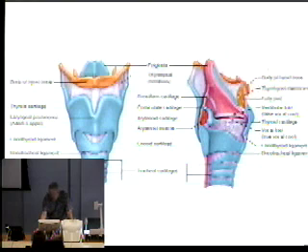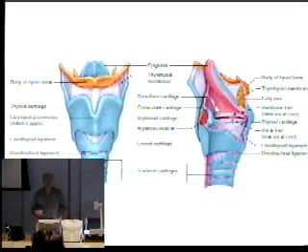So we take a look at the true vocal cord, and we follow it posteriorly, and we see the arytenoid cartilage with a muscle there, the arytenoideus, and then this little cartilage sitting on top of the arytenoid, about the size of the top of your thumb, would be the corniculate cartilage. And then there's one other cartilage that forms a C shape or comma shape, the cuneiform cartilage.